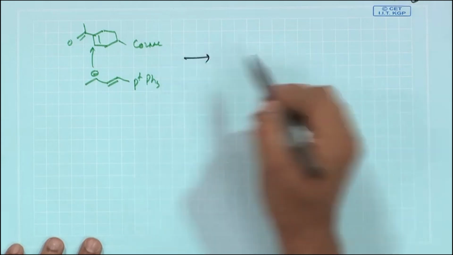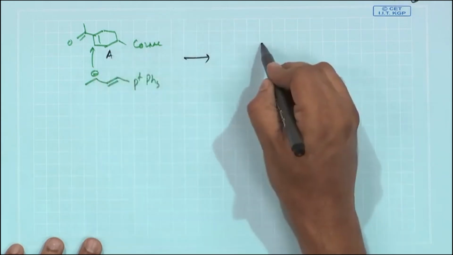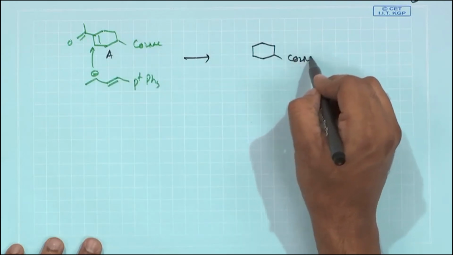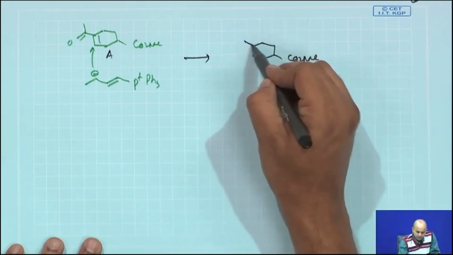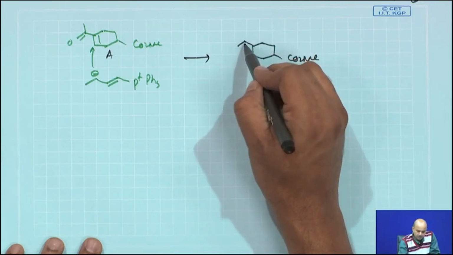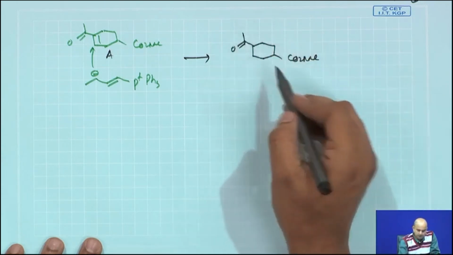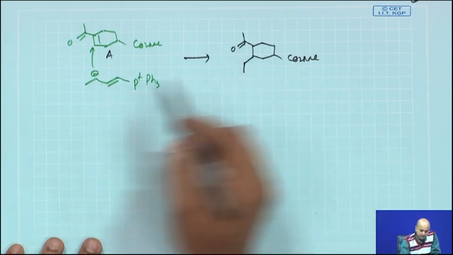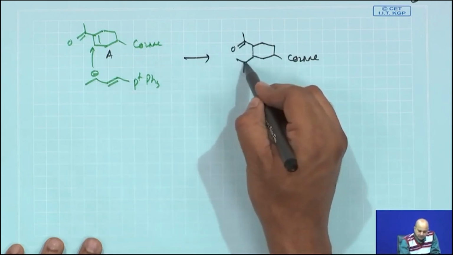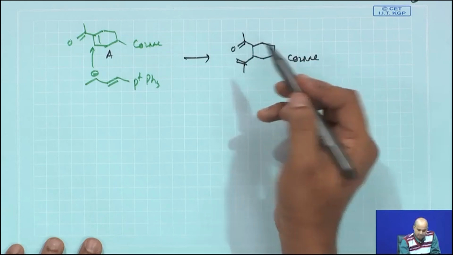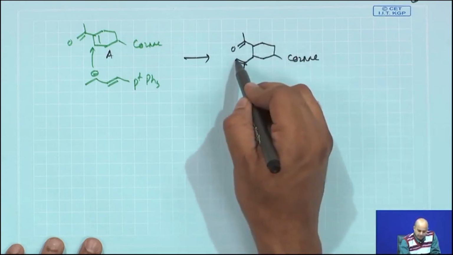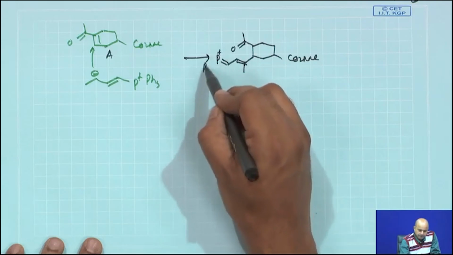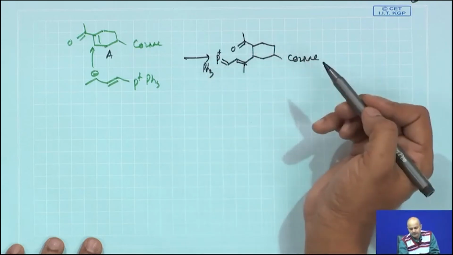If it reacts in a Michael fashion with compound A, what will we get? You will get CO2Me, this part is there, your methyl ketone is there. Now, the Michael attack of this ylide takes place, and then you basically have this P plus Ph3. This is also a Wittig ylide.